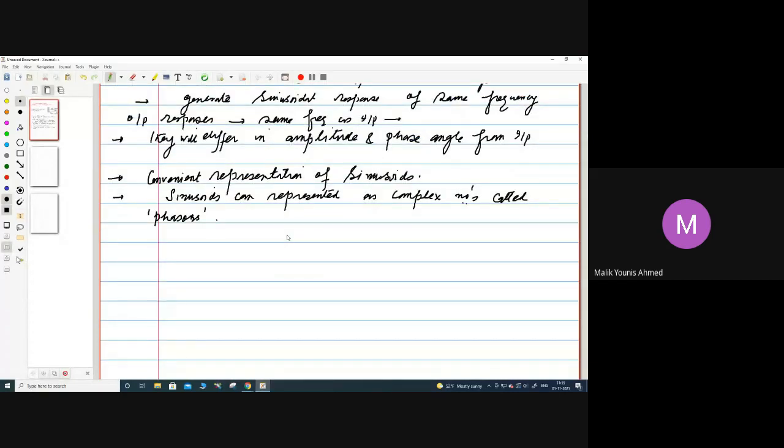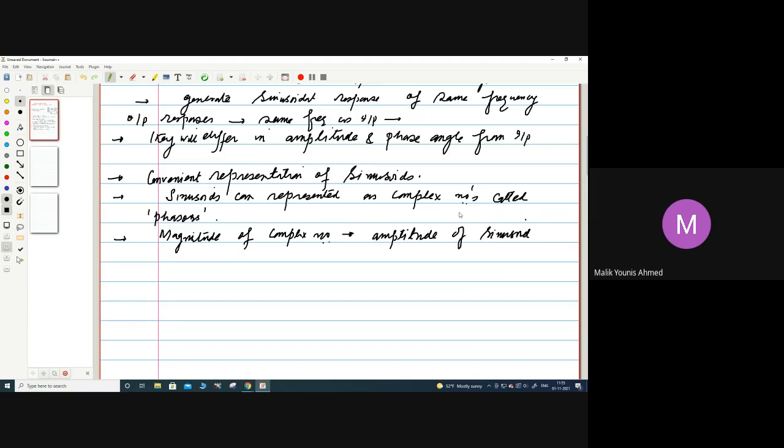The magnitude of the complex number is the amplitude of the sinusoid. This should be very clear.